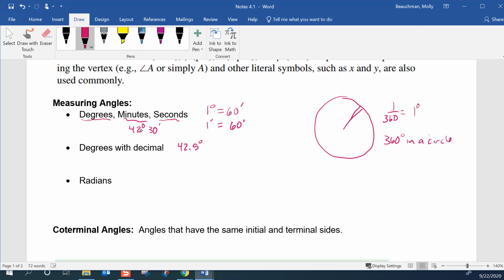So we want to be able to use both of these types of measures, so we want to be able to convert between the two. Another way we can measure a circle is in radians.